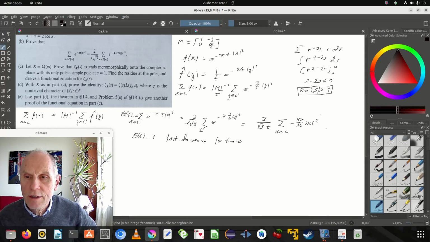And then this can be written as 2 divided by square root 3 theta of 4 divided by 3t.